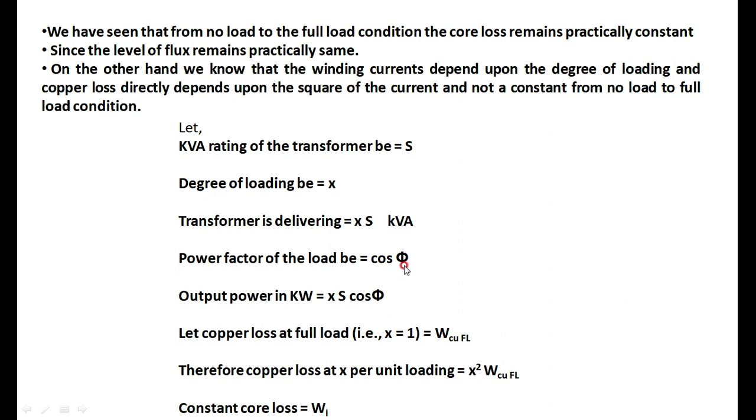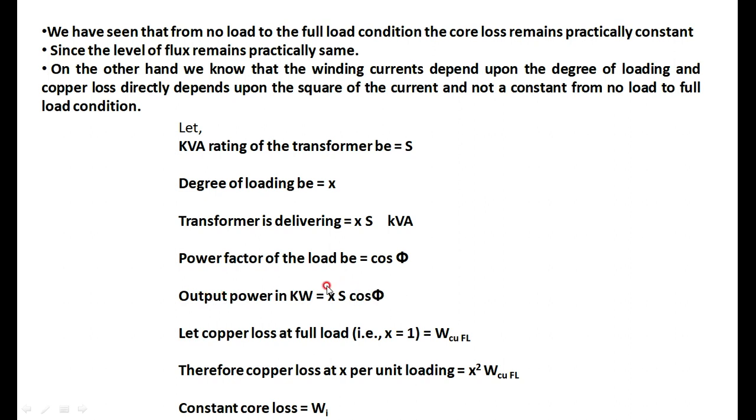For example, the power factor is 0.8, so my output power in kilowatt is: x is 0.8, S is 100 and cos phi is 0.8. That is 80 into 0.8, that is 64 kilowatt. That is the output of the transformer. This is how we have to find out the output of the transformer.